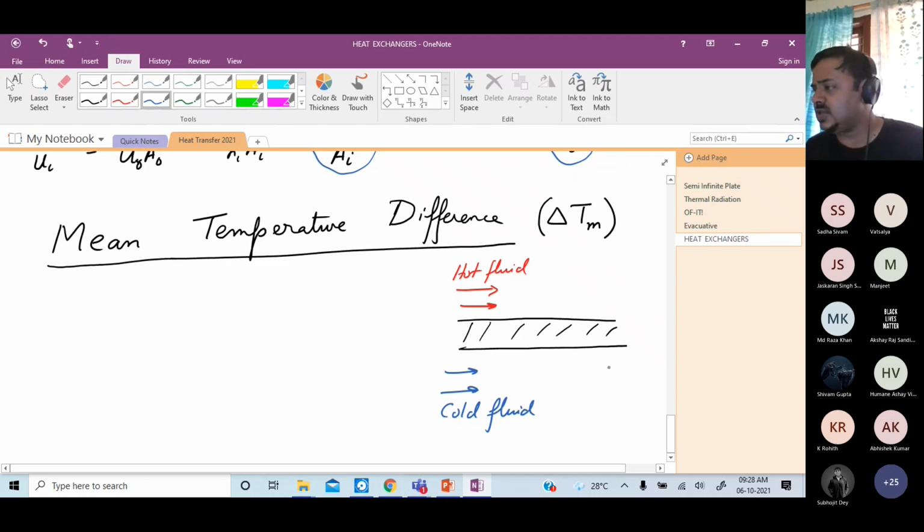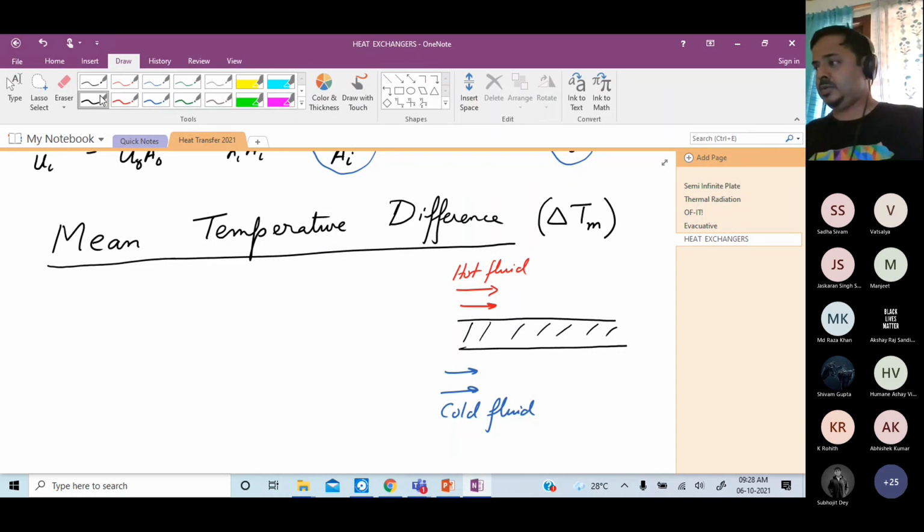For the cold fluid also, the temperature is changing as you move. If I take a very small section, and call this dA.